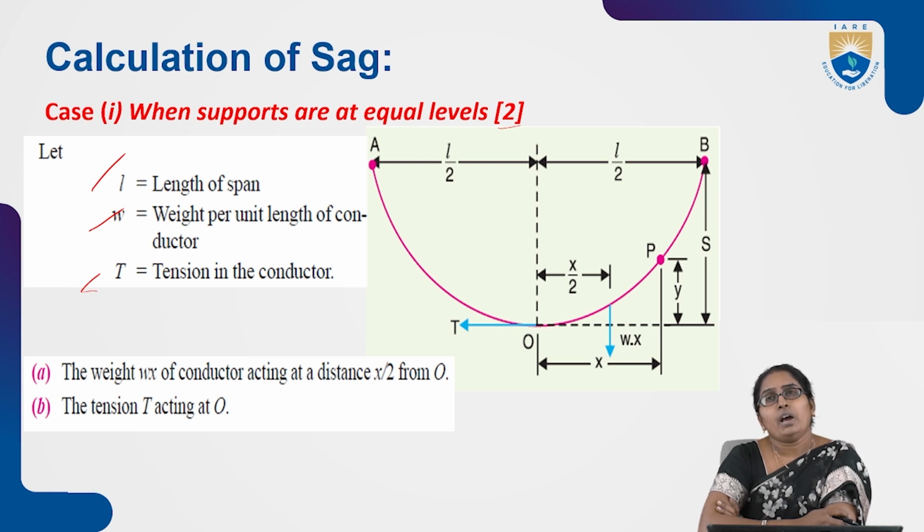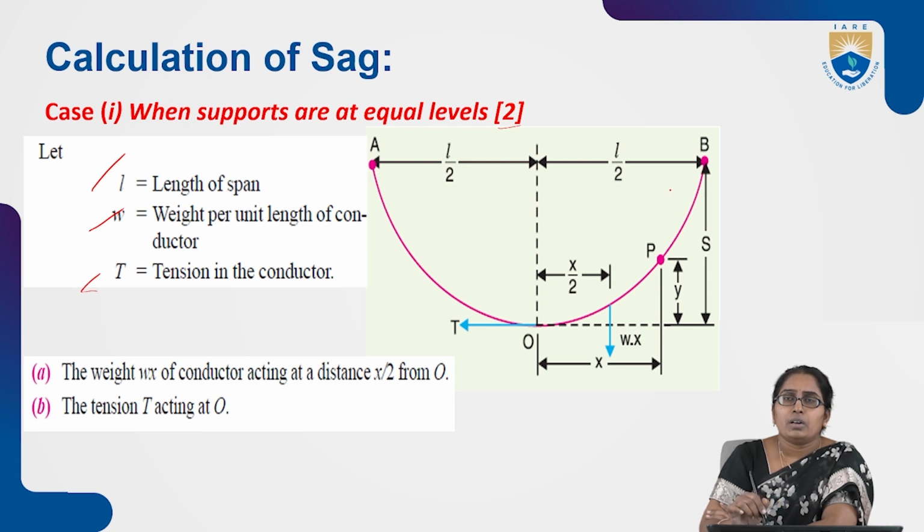Now we see that between the two electrical towers A and B, the conductor is suspended, shown with a pink line. We know that sag is S, from the highest point of the electric tower to the lowest point of the conductor.